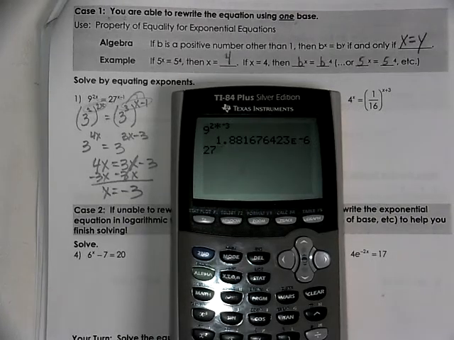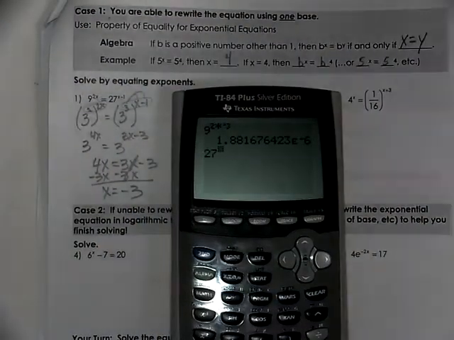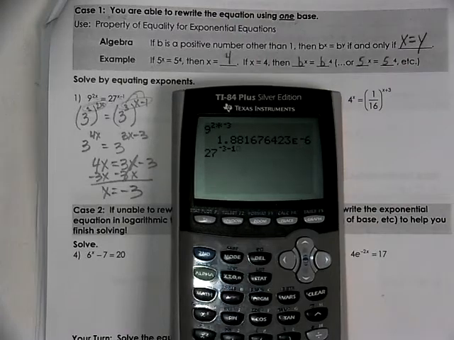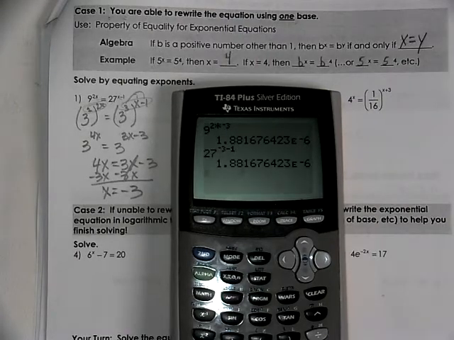Not exactly what I was expecting, but 27 raised to the power of negative 3 minus 1. And you see that we get the exact same decimal value when we plug our value back in. So it's a great way to check it.